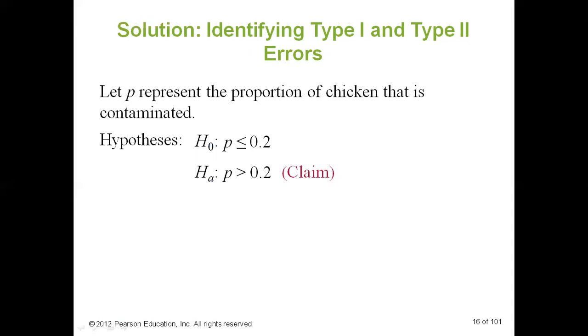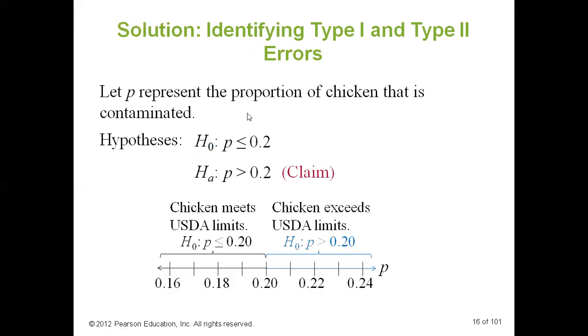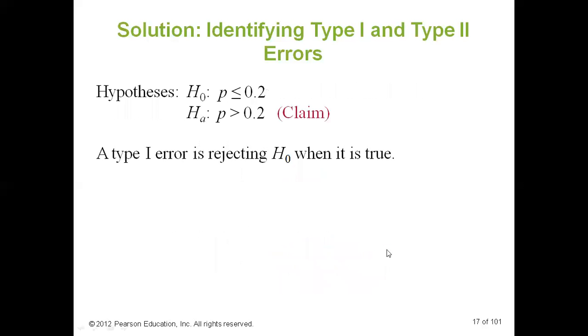So suppose P less than or equal to 0.2 is correct, so our null hypothesis is correct, but we are rejecting it. It is called a type 1 error. It means suppose the chicken meets the USDA limit, which is represented by the null hypothesis, P less than or equal to 0.20, and the alternative is P greater than 0.20.